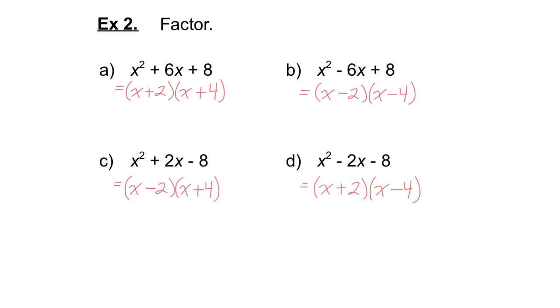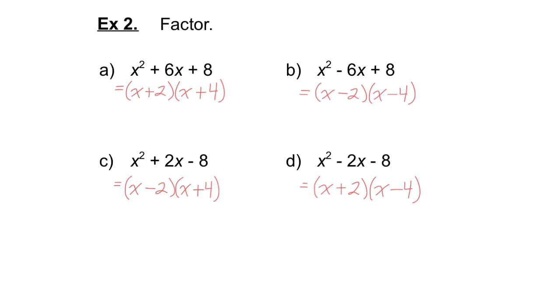And here you go. In each case, we're looking for numbers that multiply to 8 or negative 8, add to positive 6 or negative 6, or positive 2 or negative 2. So depending on the plus or minus signs, you will get different plus or minus signs in your factored form equation.